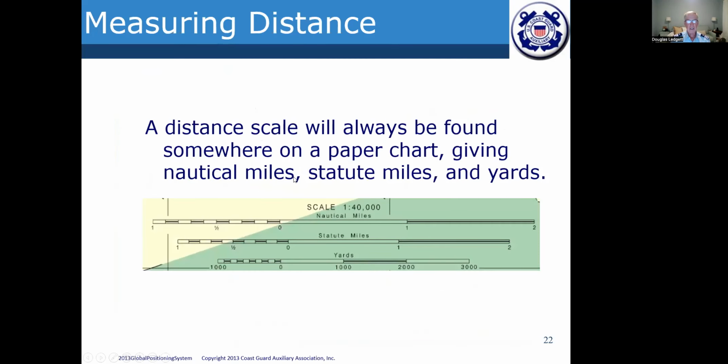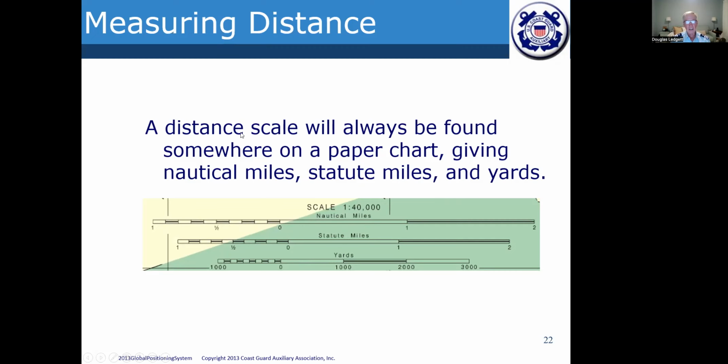So we measure distance. And all the charts have some type of a scale, and it tells you what the distance is. This happens to be a chart that has a scale of 1 to 40,000. And as you measure that, it tells you what 1 nautical mile is, and it tells you what 1 statute mile is, and you can figure it out in yards. And all these little ones down here are in tenths, basically, of what would be this 1 nautical mile.